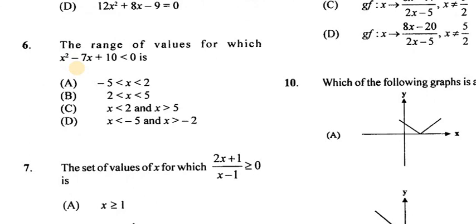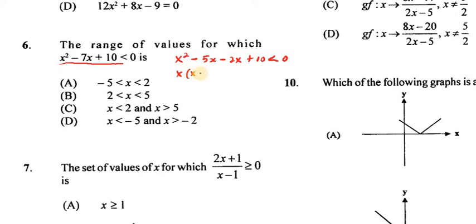The range of values for which x squared subtract 7x plus 10 is less than 0 is, now I'm going to factorize x squared subtract 7x plus 10, and when I factorize this, 5 times 2 is 10, minus 5 minus 2 is minus 7, so x squared minus 5x subtract 2x plus 10 is less than 0.